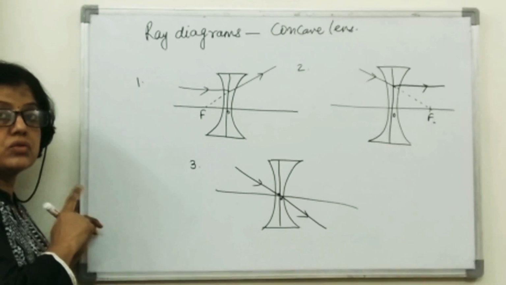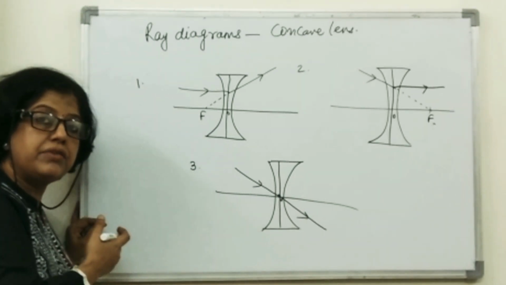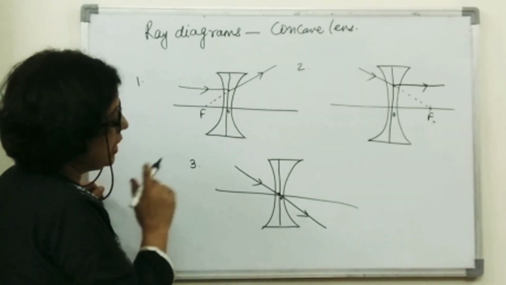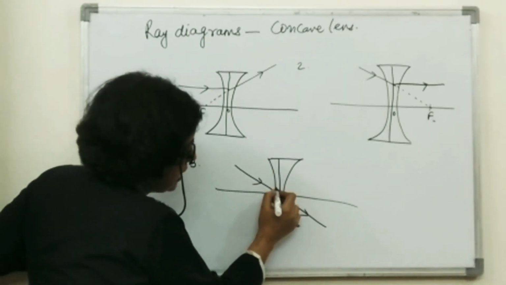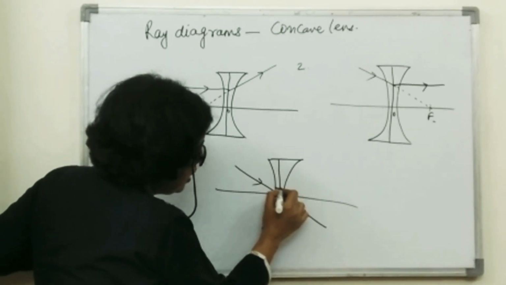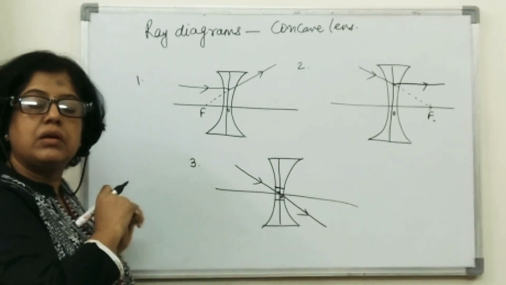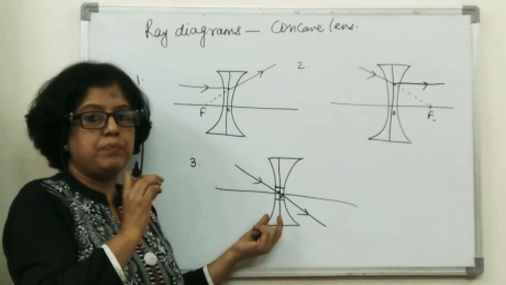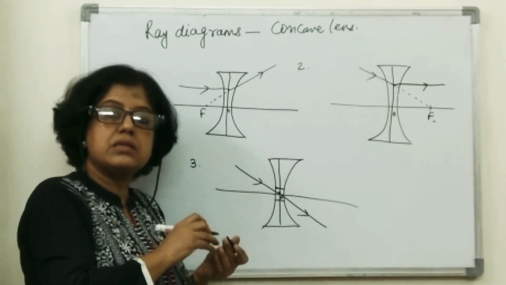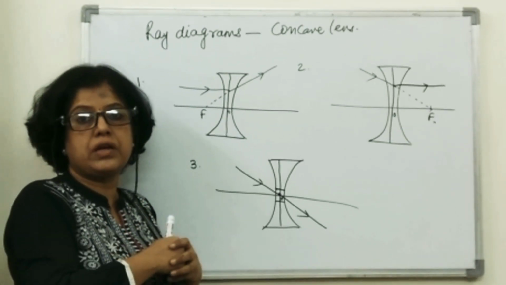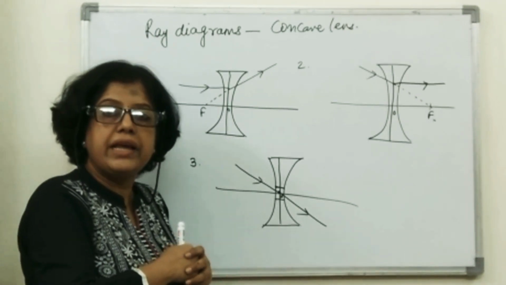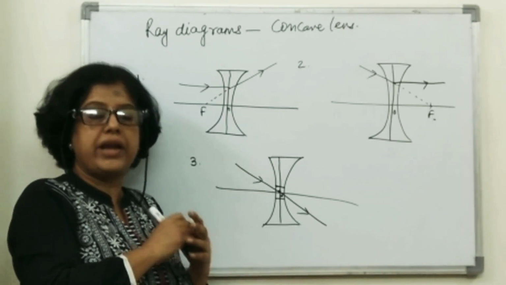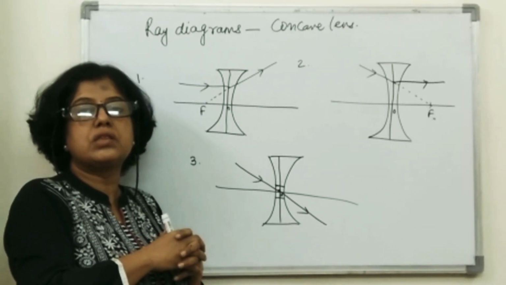Now the question is, why does it go straight, why is it not undergoing any refraction? Actually it is undergoing refraction, but why is it not deviated? The reason is that the center part of the lens is very similar to a small glass slab. As the lens is very thin, the center part is a very thin glass slab. When a ray of light enters a glass slab and comes out, it undergoes lateral displacement, and you have read that lateral displacement depends on the thickness of the slab.